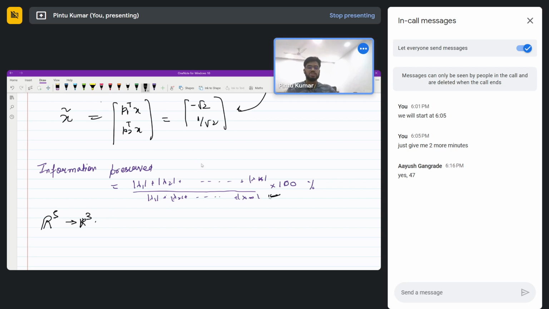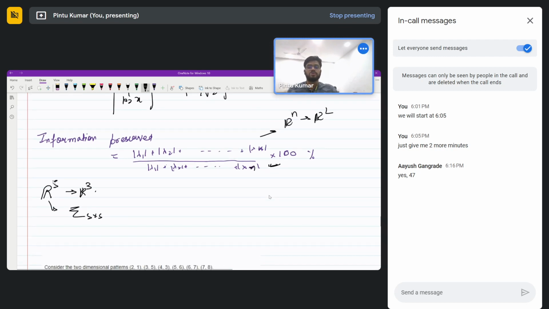So this is the formula for Rn to Rk. This is lambda n if it is not clearly visible. Now you will have your sigma matrix of size 5 cross 5, because this is a map from R5 to R3. So your original data set is in R5.